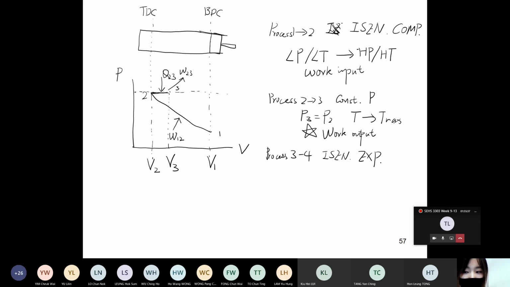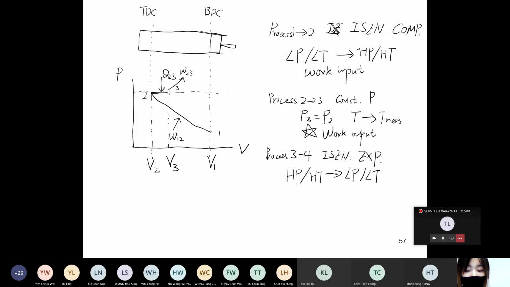The high temperature and high pressure air expands to give you useful work output, so that we can obtain the useful work output. The air is then changed into low pressure and low temperature.